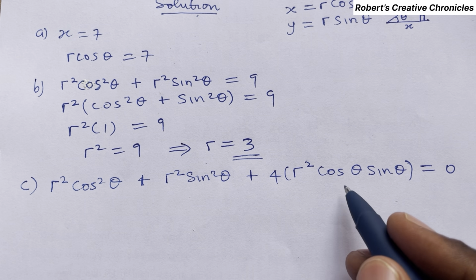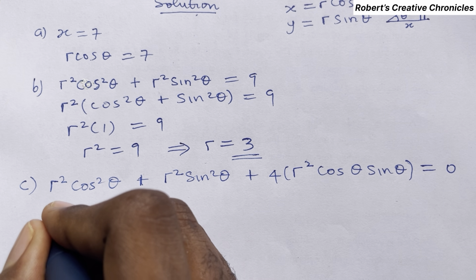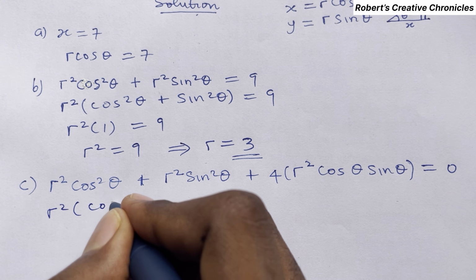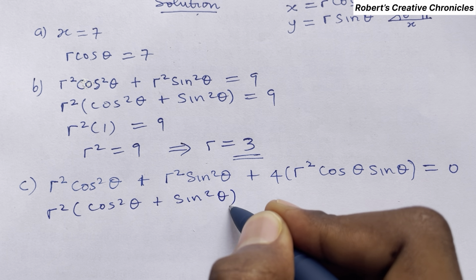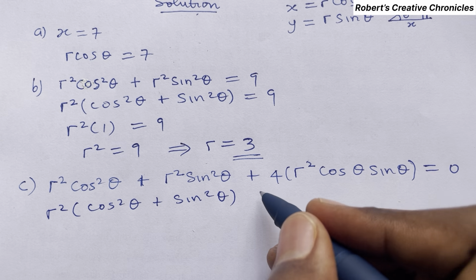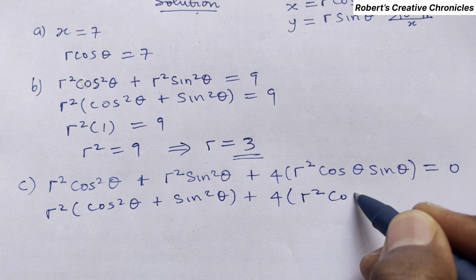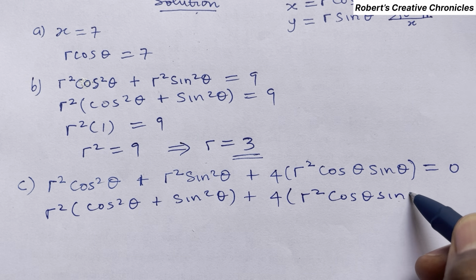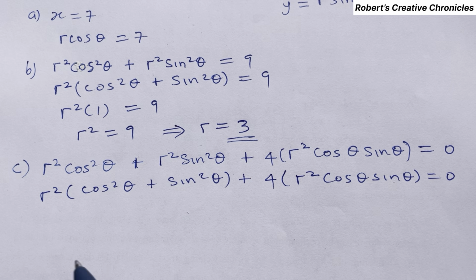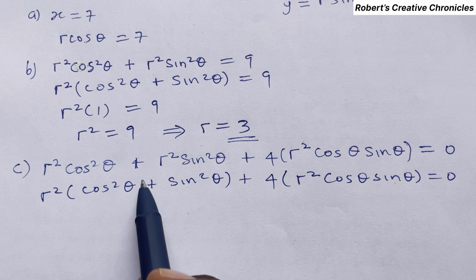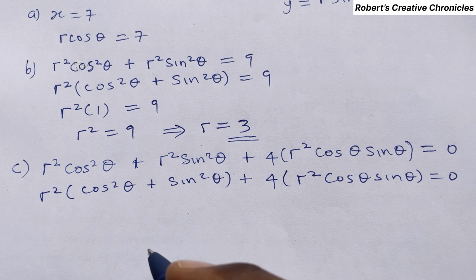So now we can simplify this. If we factorize these two terms, it becomes r square times cos square theta plus sine squared theta, then plus 4 r squared cos theta sine theta is equal to 0. So now, using the same expression we used in part B, cos squared theta plus sine squared theta is 1.